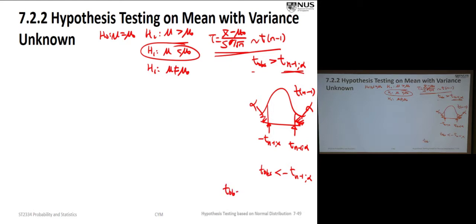It can be too big, but we have to do a minor modification. We make it alpha over 2. Or the observed value is too small, smaller than this number. Why do I change to alpha over 2? To make sure that the probability, adding up the 2 sides, gives you alpha. So each side is only half of alpha.